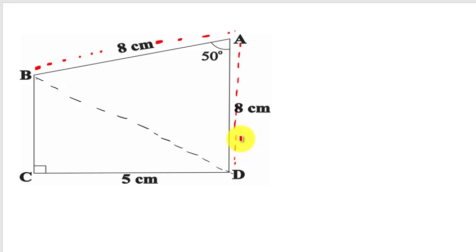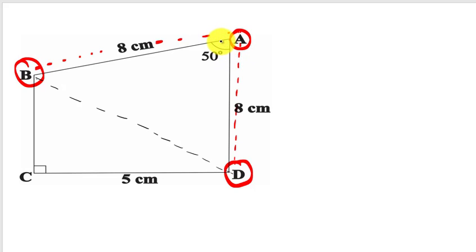If that is the case, if you consider triangle ABD, this triangle is an isosceles triangle, because two sides are equal, AB is equal to AD. If that is the case, then this triangle stands like this.